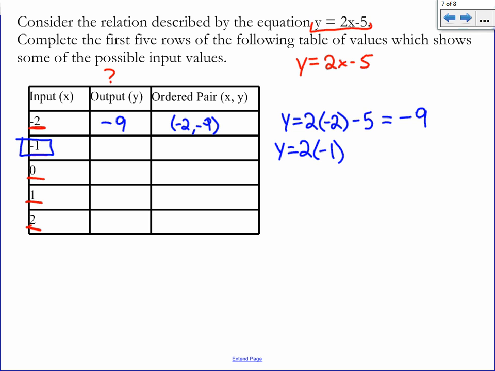So 2 times -1, because that's what the brackets mean, and then minus 5 gives you -7. So -7 is my output, meaning that -1 comma -7 is my ordered pair. Go ahead, try the next 3 on your own. Pause it if you need to, and compare your answers to me.